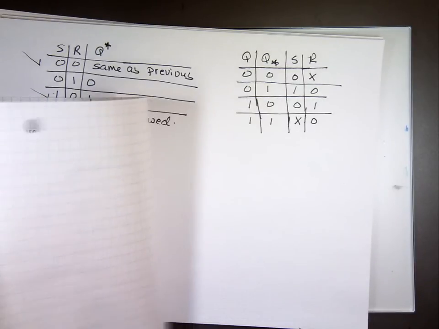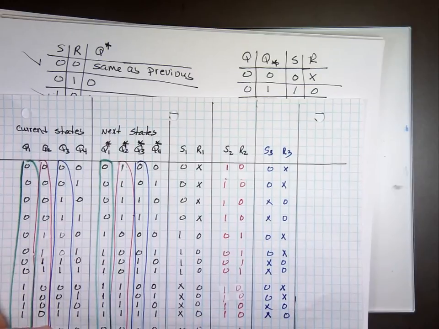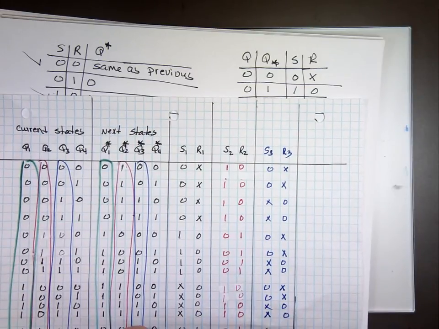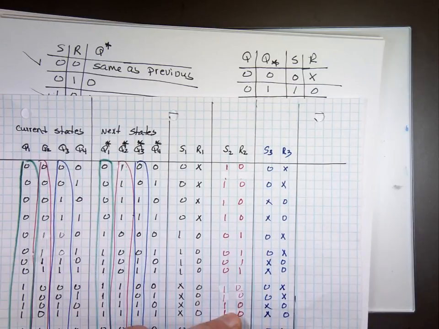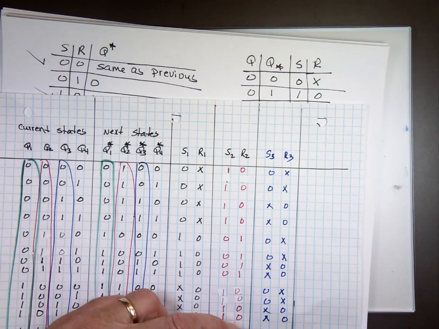Don't care, and 0. Don't care, and 0. 0 to 0, 0 to 0, 1 to 1. 0 and don't care, 0 and don't care, and don't care, and 0. Move it up when you get a chance.